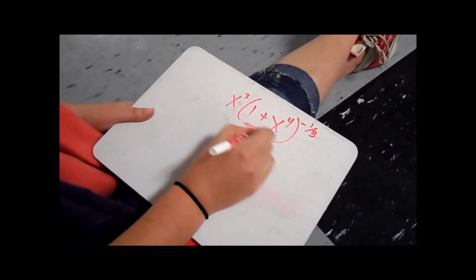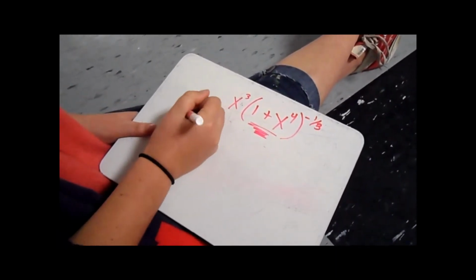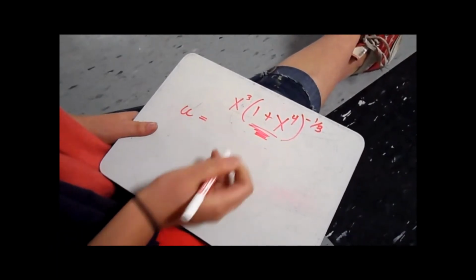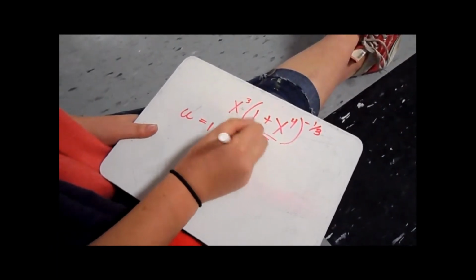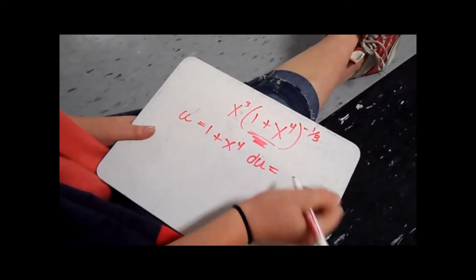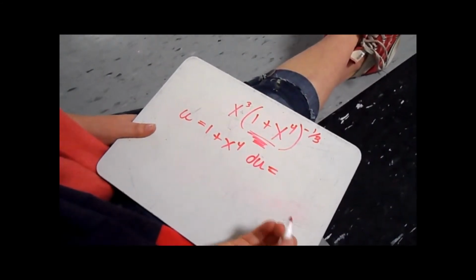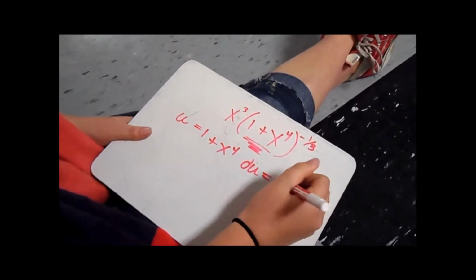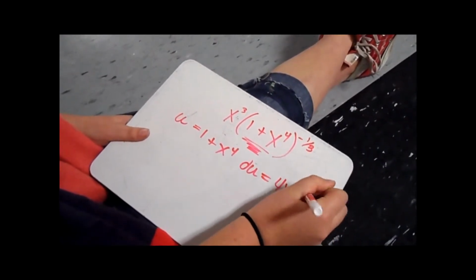In this case, it'll be this right here. So you set that equal to your U, which is 1 plus x to the 4th. And then you have du, which is your derivative of U. So you take the derivative of that, and that's just 4x to the 3rd.